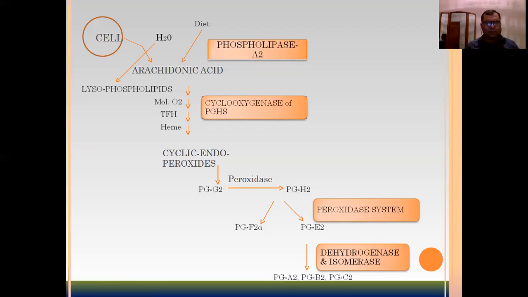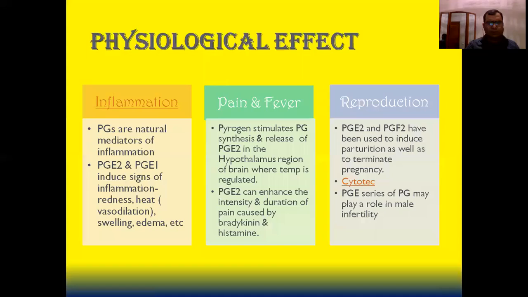Arachidonic acid is further acted on by the cyclooxygenase of prostaglandins. They have further processes that we explained earlier.